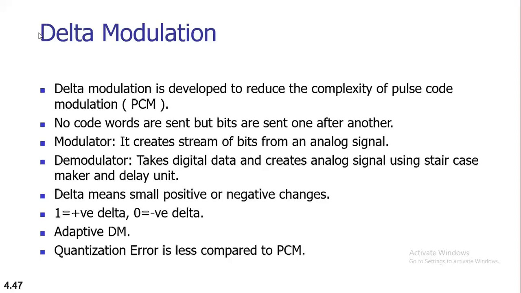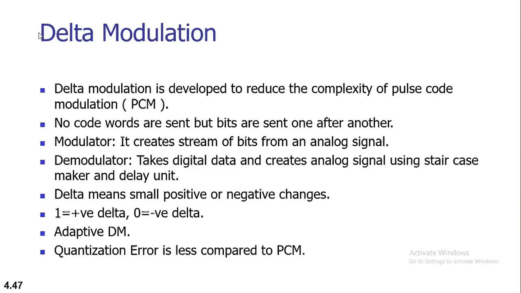In case of pulse code modulation, PCM, the output is a group of bits, whereas in delta modulation we generate a stream of bits. And in delta modulation we have two steps. One is the modulator at the sender side and the demodulator at the receiver side.